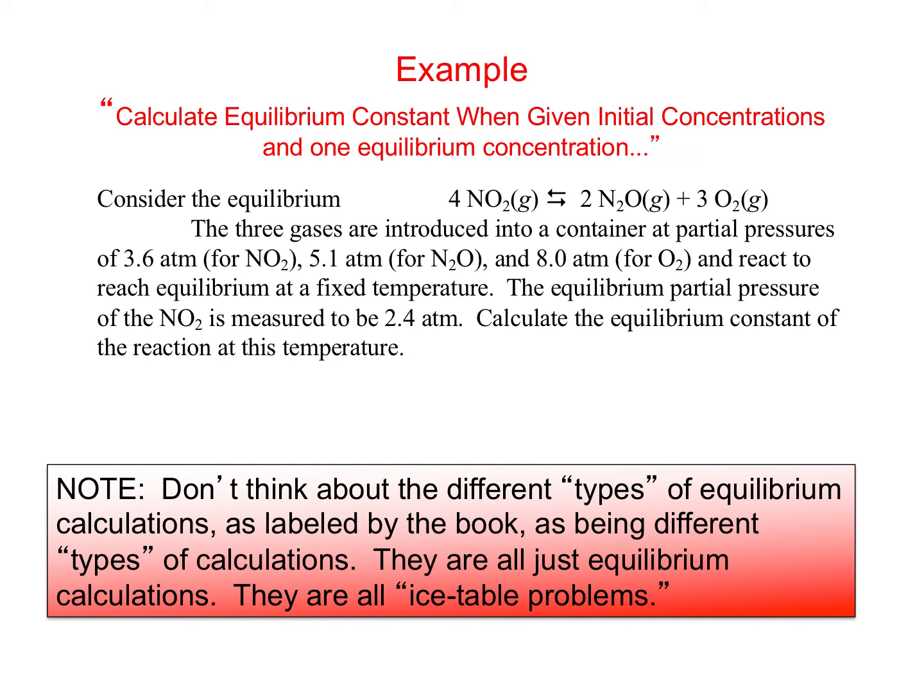I would actually encourage you not to worry about the labels that they put on these problems, right? Trying to remember 4 different labels, 4 different types of problems, I think is not helpful. Just treat them all as ICE table problems. They're all just equilibrium problems. And for the steps that we need to take, you don't need to memorize anything. Just use your ICE table to figure out how to get the information that you need.